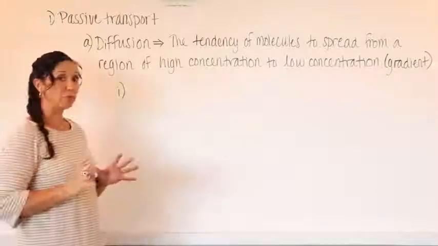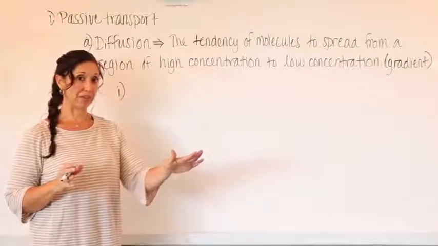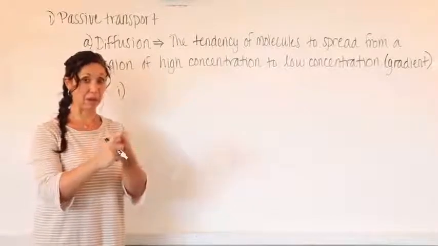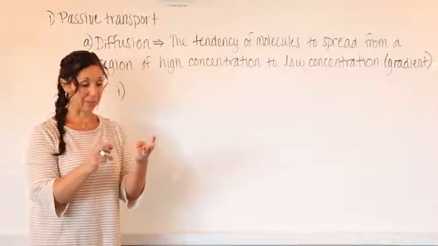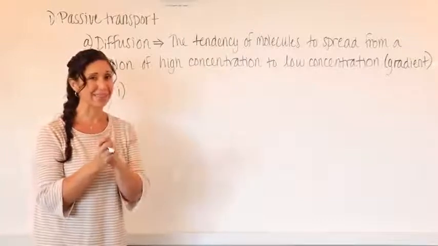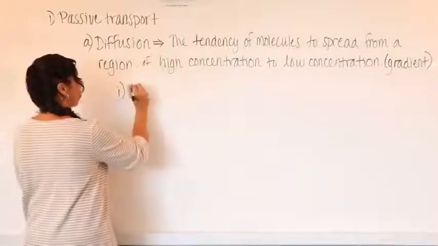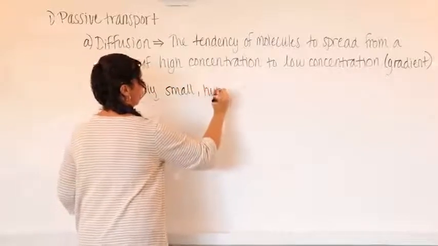And in order to pass through with diffusion in the cell membrane, you have to have these qualities. You've got to be small and hydrophobic, and that's it. So not many things can actually do this. Only small, hydrophobic.